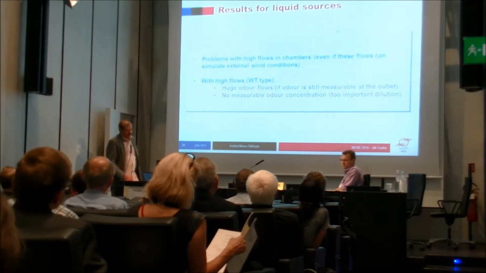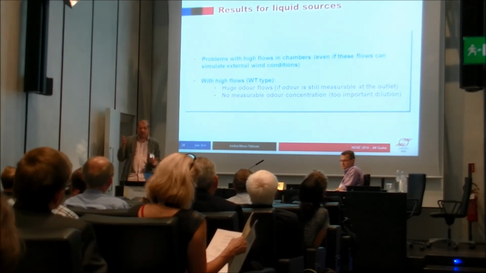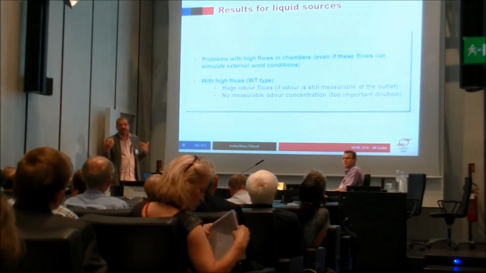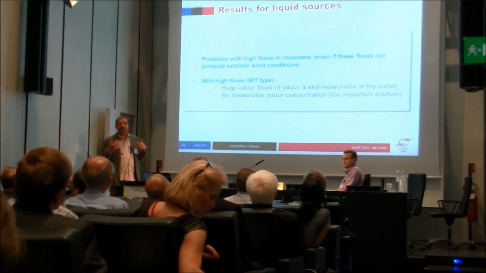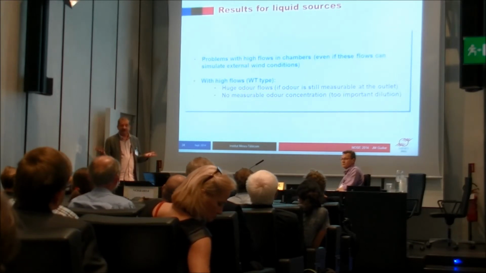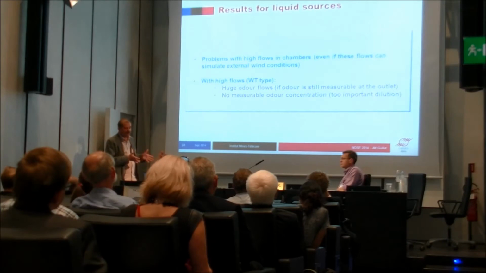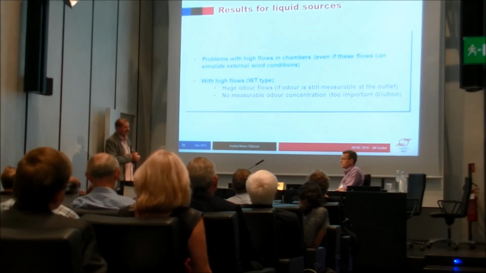So for the liquid source, the problem is really with high flow in these chambers. Even if, theoretically, the high flow is made to simulate the external condition, we cannot reproduce all external conditions in a small box like that, so we have to limit.